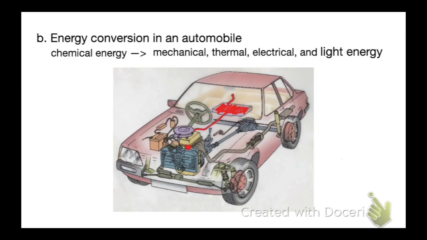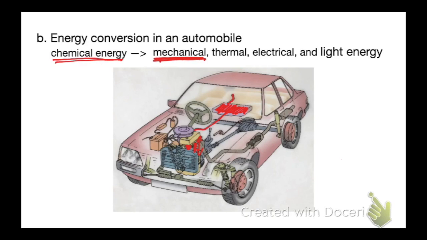When it burns, there are pistons in this automobile that go up and down. That is mechanical energy, movement, motion. The chemicals made parts in the machine move, so chemical energy got converted to mechanical energy.